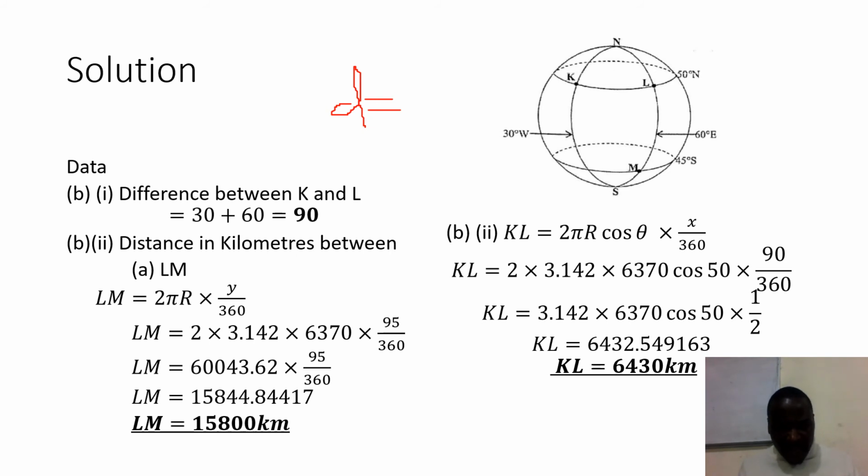When we multiply these two numbers on a calculator, our answer will be 15,844.84417, which when we round off to 3 significant figures comes out as 15,800 kilometers.